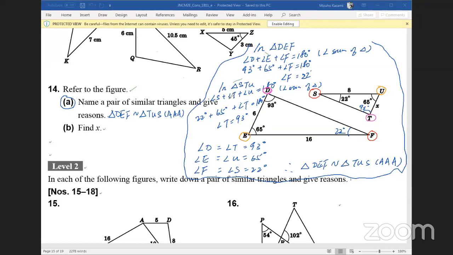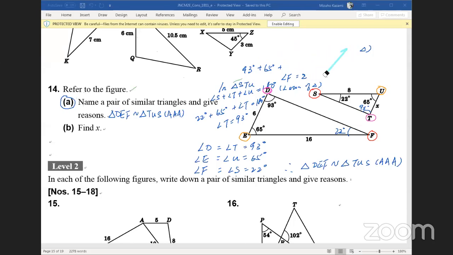This is the process. You may need to do some calculations so that you can find all the angles and then confirm which two are similar or which angle should pair with which angle.